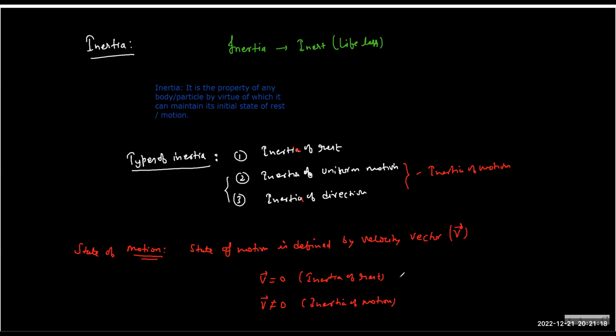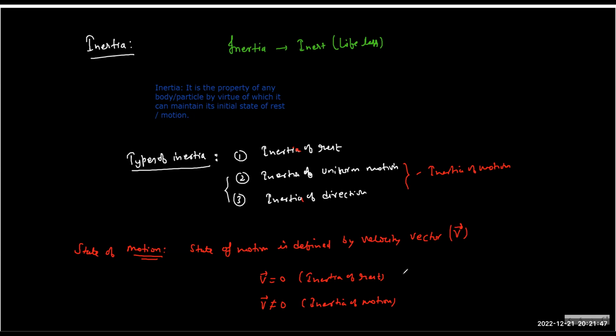So how do we measure the inertia of rest? Let's say you have different objects at rest: a dog at rest, a buffalo at rest, a big boulder at rest. Among the dog, the buffalo, or the big boulder, all are at rest. Can we distinguish or differentiate between the inertia of all three?